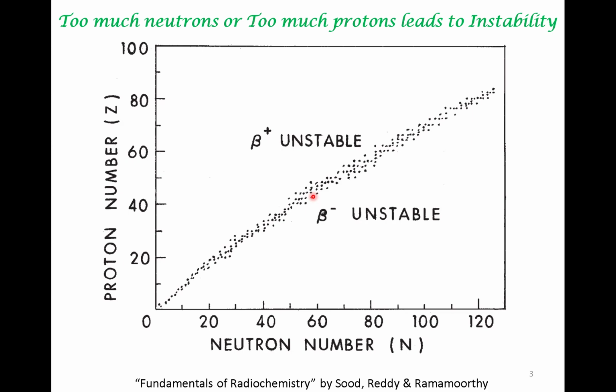Therefore, the proton number increases. So in both these cases, too much of neutron or too much of proton leads to instability. So there is this narrow valley wherein you have the stable configuration of nucleus.